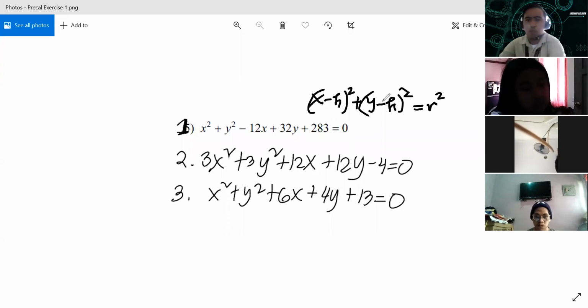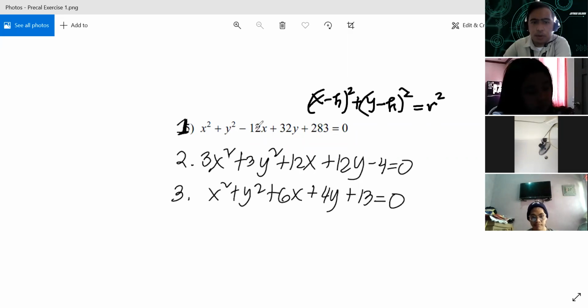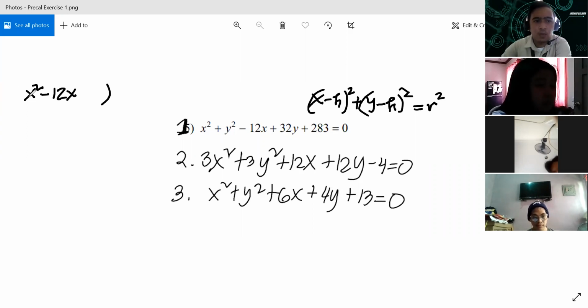So what we will be doing is, we need to combine those terms having x. So it means you should combine these two in one group. So you will now have x squared minus 12x in one group.